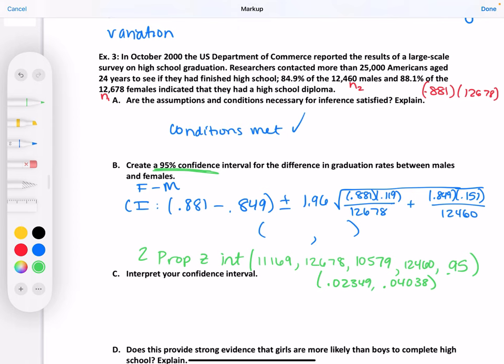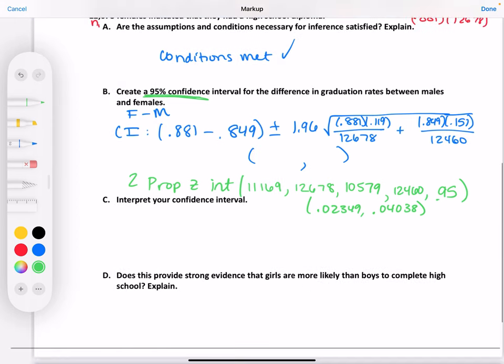Then to interpret that, we're taking those numbers and explaining what this range means. If you had flipped the 1 and the 2, your numbers would just be backwards. That's the only difference.